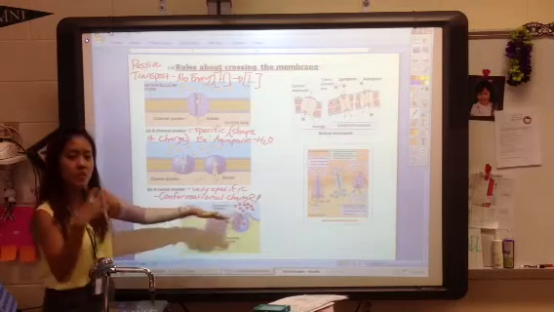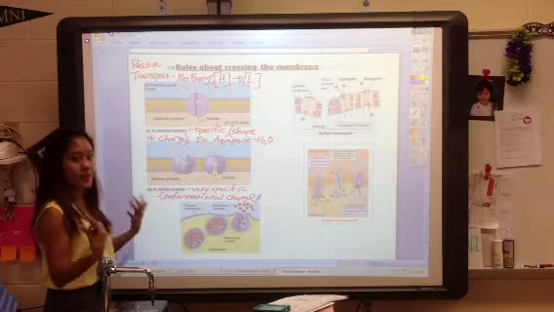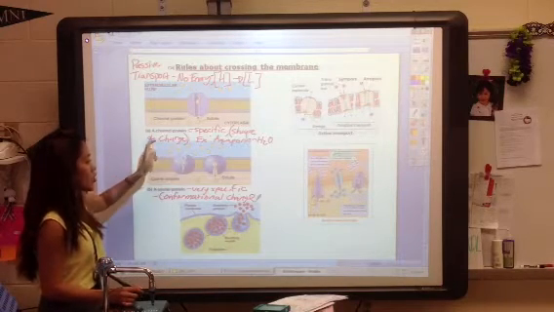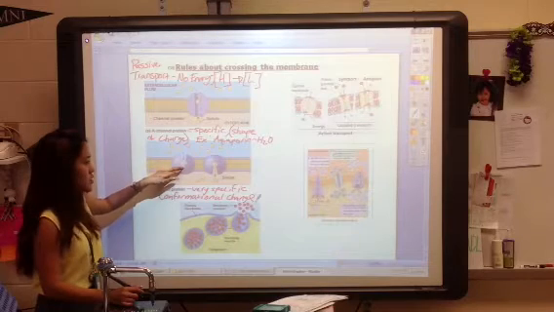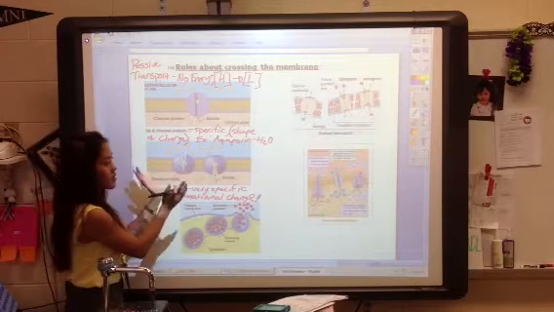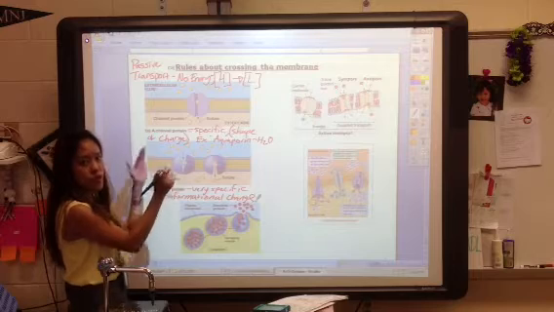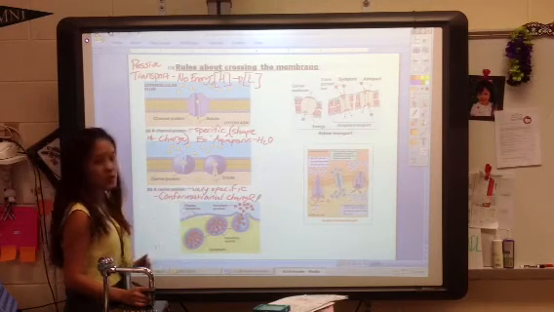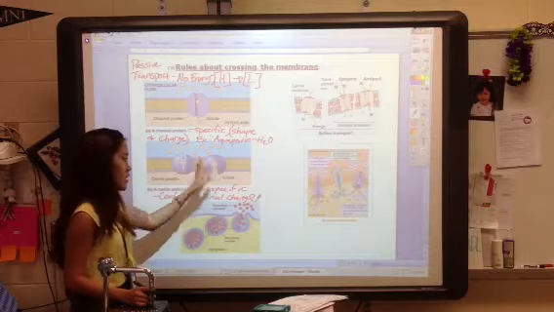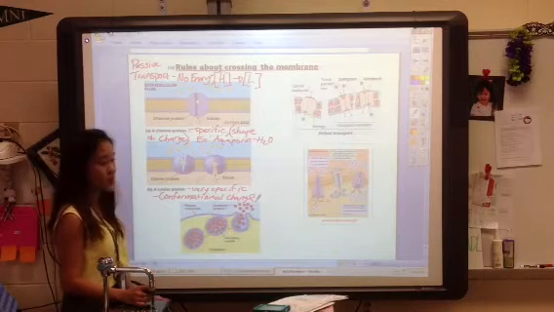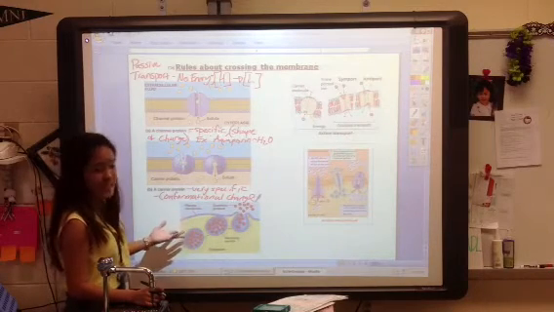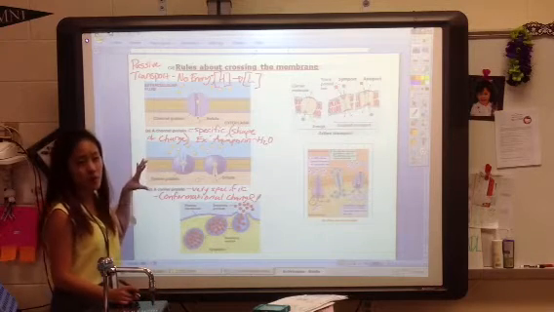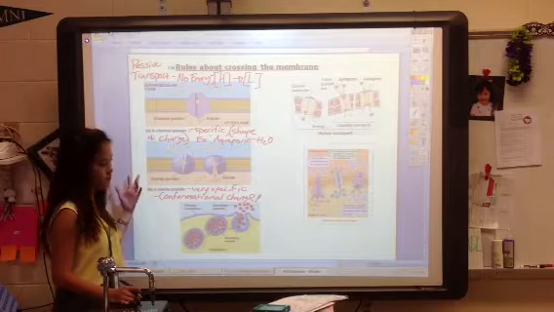Thinking back to our proteins and enzymes, it's a shape change. A molecule moves into the cell membrane, and the protein shifts, producing a different shape, and releases that molecule inside. Then it goes back to its original form, or at least when it needs more of those molecules to come in. Sometimes this can require energy, but sometimes it doesn't.